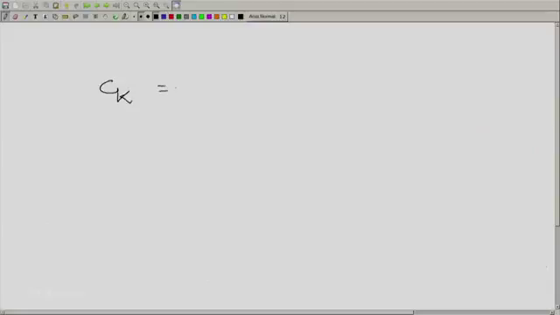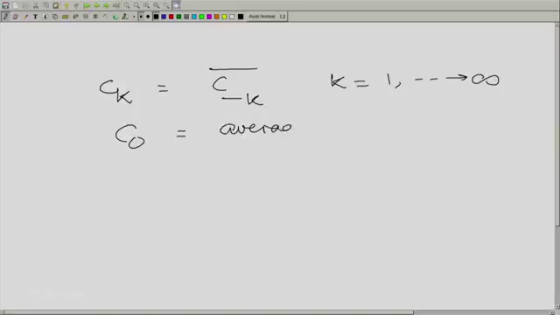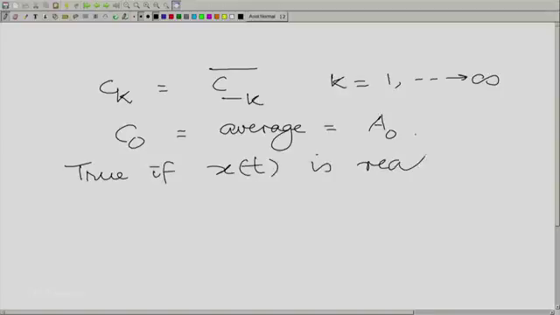Ck is equal to C minus k complex conjugate for k going from 1 towards infinity. And of course, C0 is real and it is essentially an average, and that is equal to A0. So, this is true if x(t) is real, and that is what we have assumed when we made a sinusoidal decomposition.